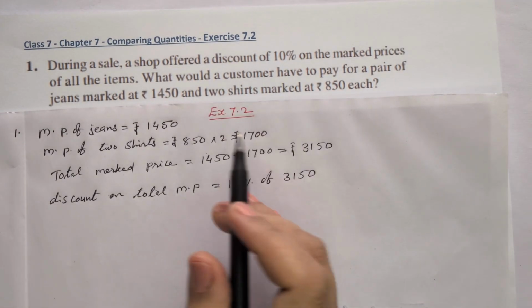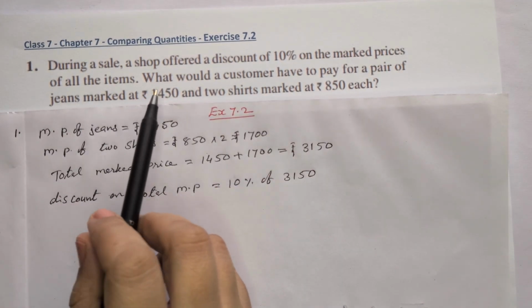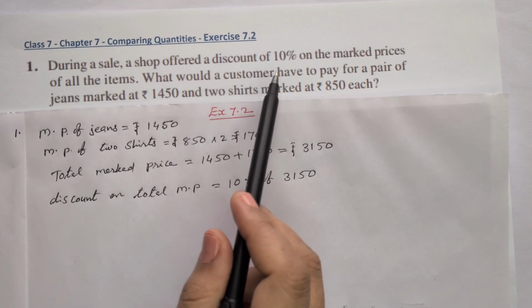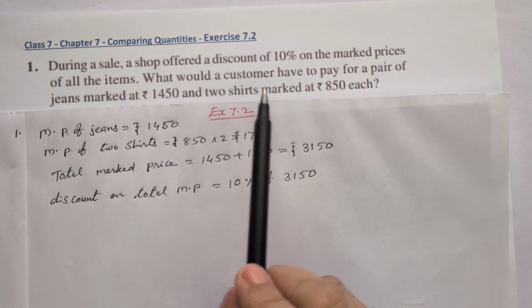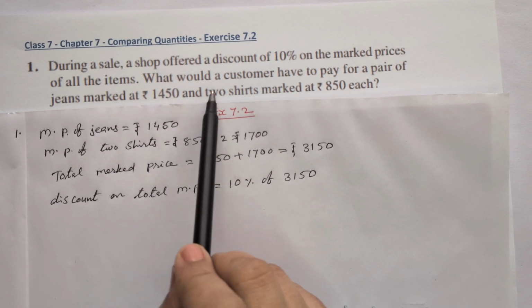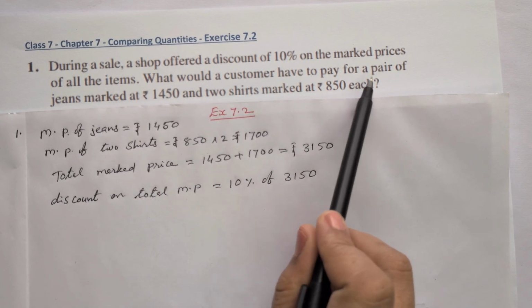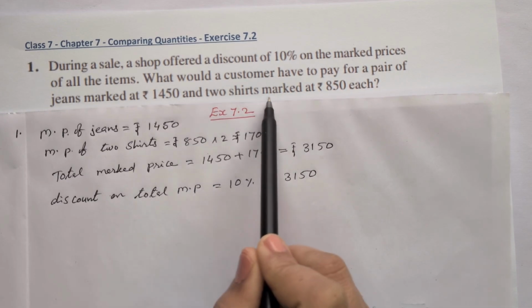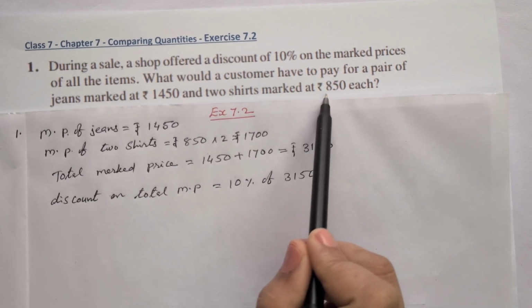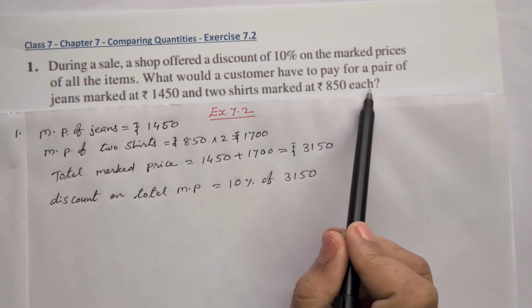Exercise 7.2, first question. During a sale, a shop offered a discount of 10% on the marked prices of all the items. What should a customer have to pay for a pair of jeans marked at 1450 and 2 shirts marked at rupees 850 each?